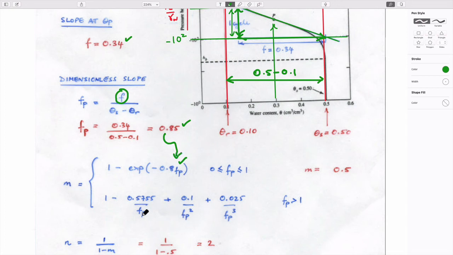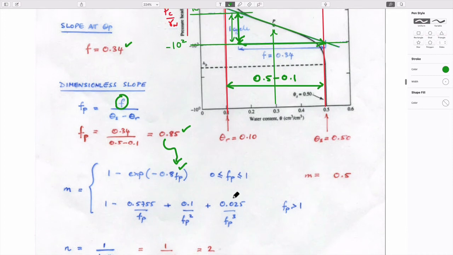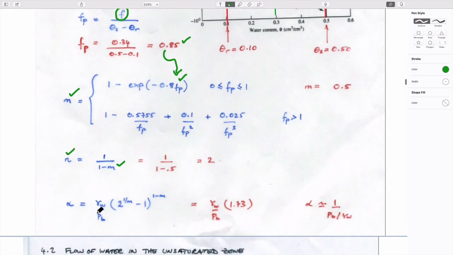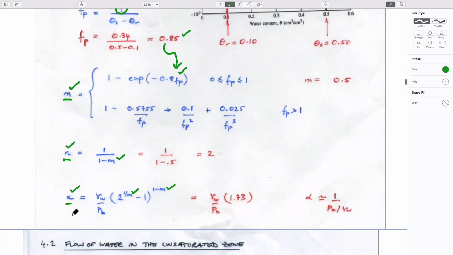If it's not, then you substitute it into this differently. And once you have the value of m, then you can substitute it into this empirical equation and get a value of n. And once you have a value of n, then you can substitute m and n into this equation and get a value of alpha. So you have the three values. And so it's not very likely that you'd want to do that, because we'll usually use it in a different way.